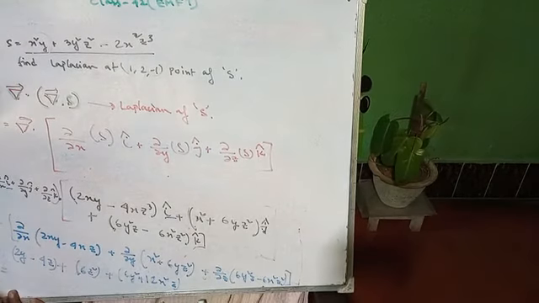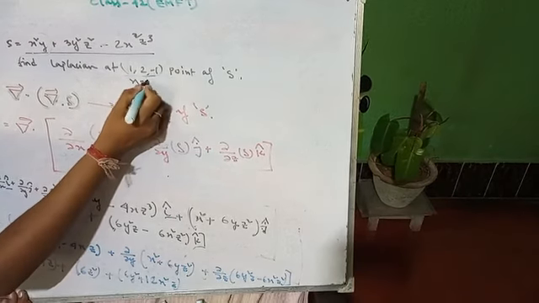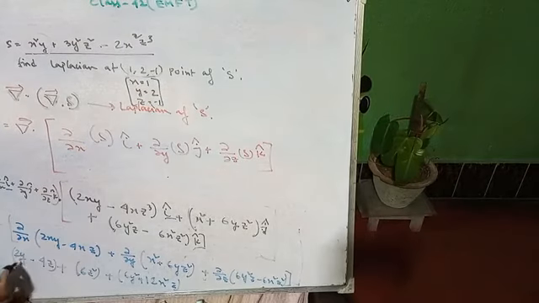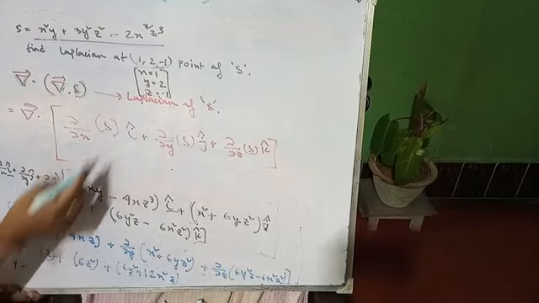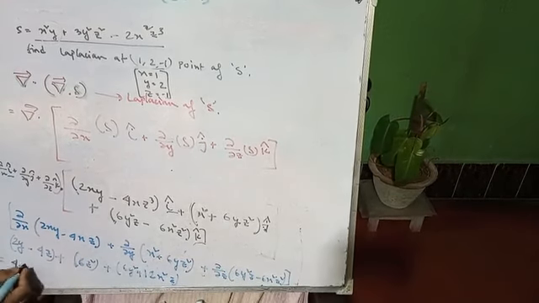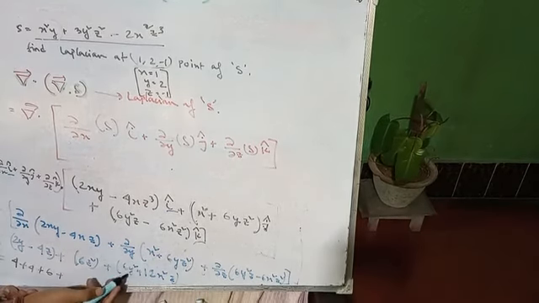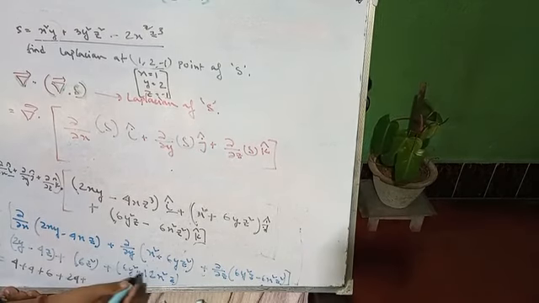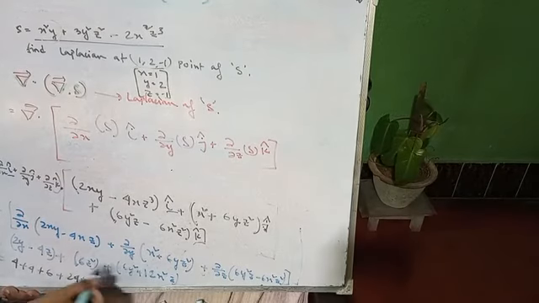Here x equals 1, y equals 2 and z equals minus 1. So if we put y equals 2, it will be 4, and with z equals minus 1, it will be plus 4, and z equals minus 1 again, so plus 6 plus y, that means 2 square is 4, 4 into 6 is 24, plus 24, plus 12x square, that means 1 into minus 1 into 12, that will be minus 12.